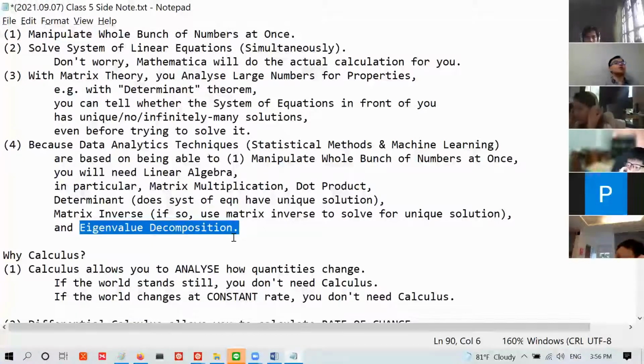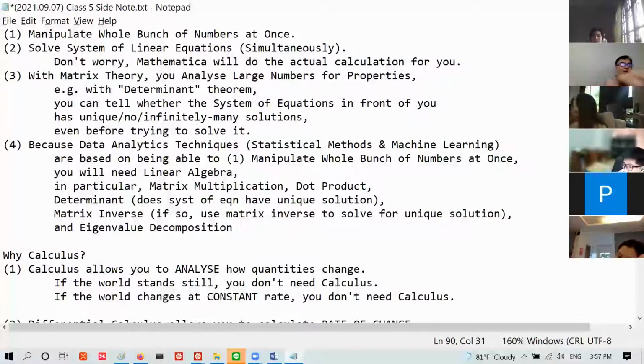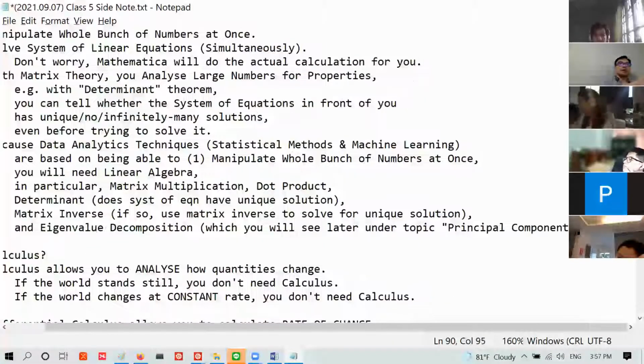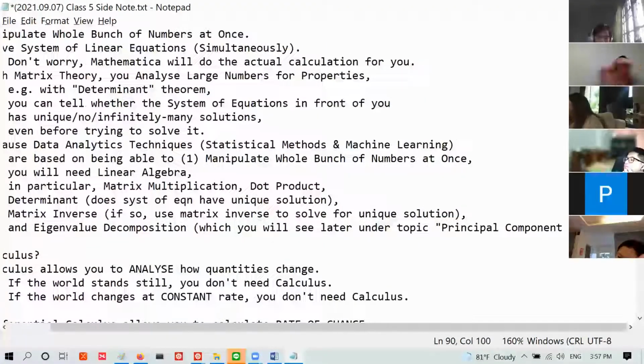There's no point talking about it just yet, but you will see the idea later, much later, under the topic principal component.